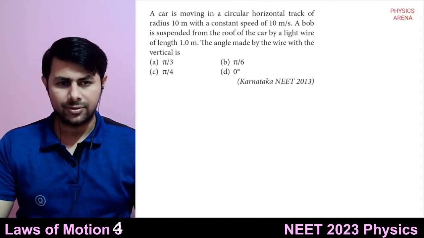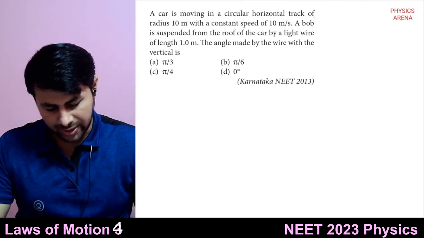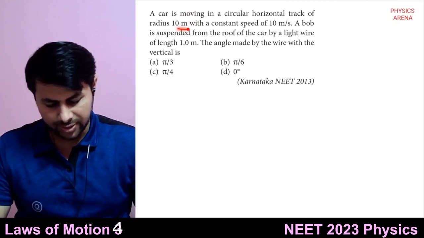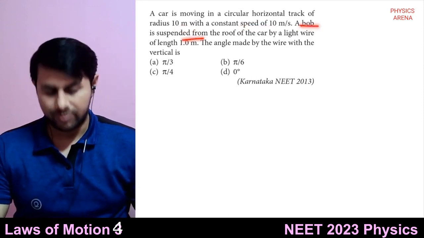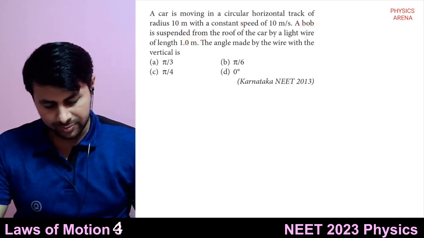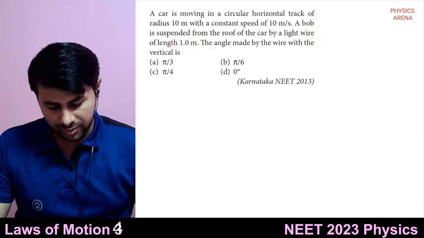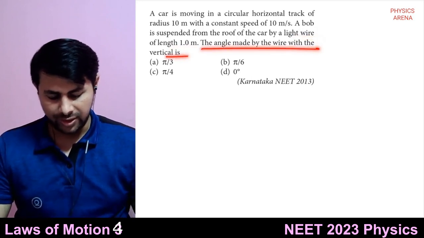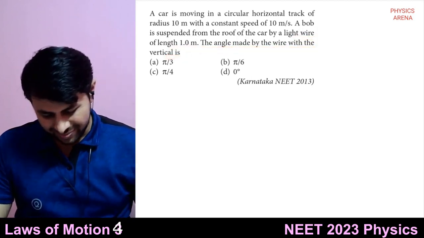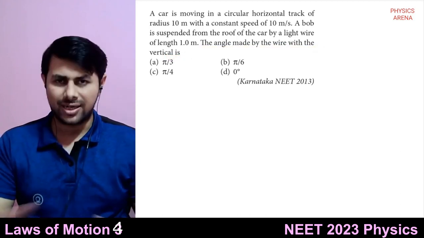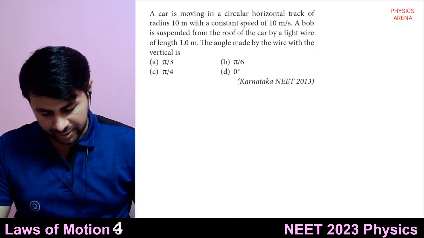Next question. A car is moving in circular horizontal track of radius 10 meters with a constant speed 10 meters per second. A bob is suspended from the roof of the car by a light wire of length 1 meter. The angle made by the wire with the vertical is. So there is a car and there is a bob suspended in that car.